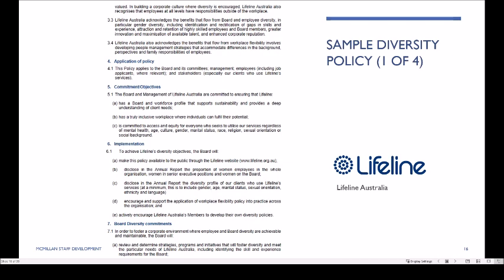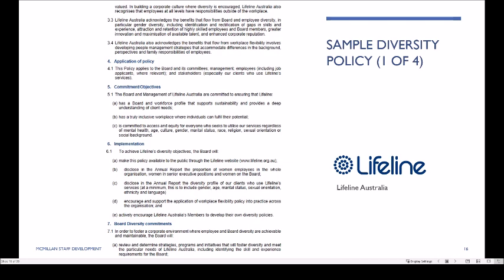Then the implementation. To achieve Lifeline's diversity objectives, the board will make this policy available to public through the Lifeline website, disclose in the annual report the proportion of women employees in the whole organisation, women in senior executive positions, and women on the board, disclose in the annual report the diversity profile of our clients who use Lifeline services, encourage and support the application of workplace flexibility policy into practices across the organisation, and actively encourage Lifeline Australia members to develop their own diversity policies.